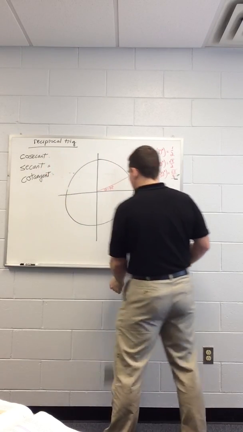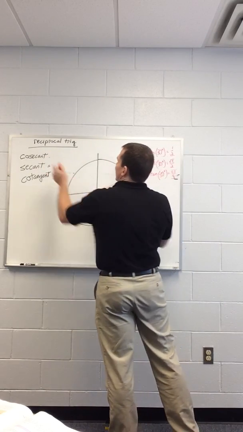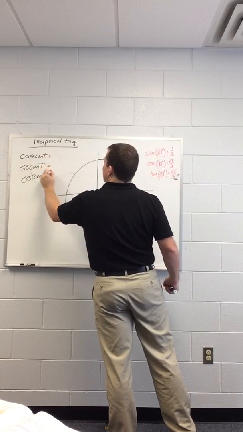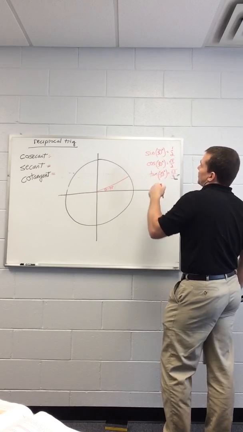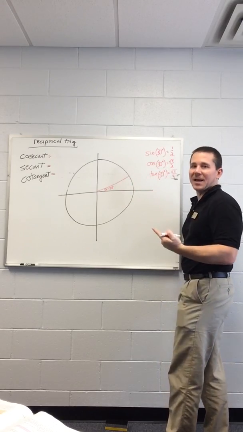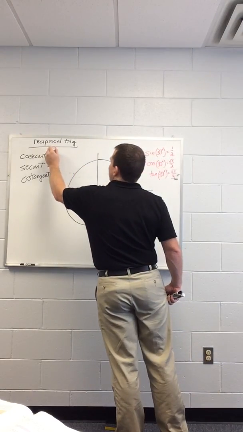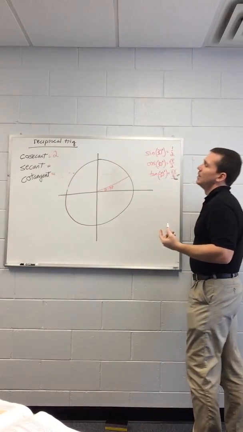So for the purposes of this, suppose I want to find the values of the reciprocal trig functions for this theta, 30 degrees. Cosecant is the reciprocal of sine. Sine of 30 is 1/2. So cosecant is 2/1, 2.